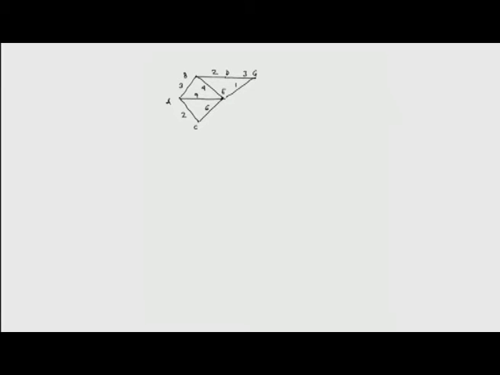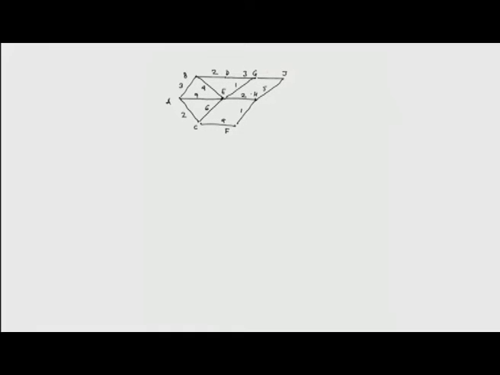Now, E is connected to H, the weight being 2, and C is connected to F, the weight being 9. F is connected to H, the weight being 1, and here G is connected to J, the weight being 5.